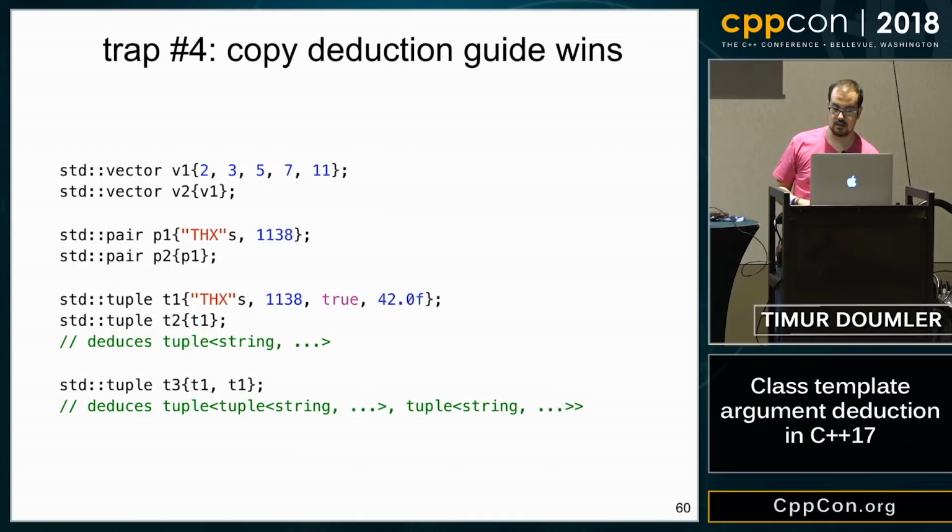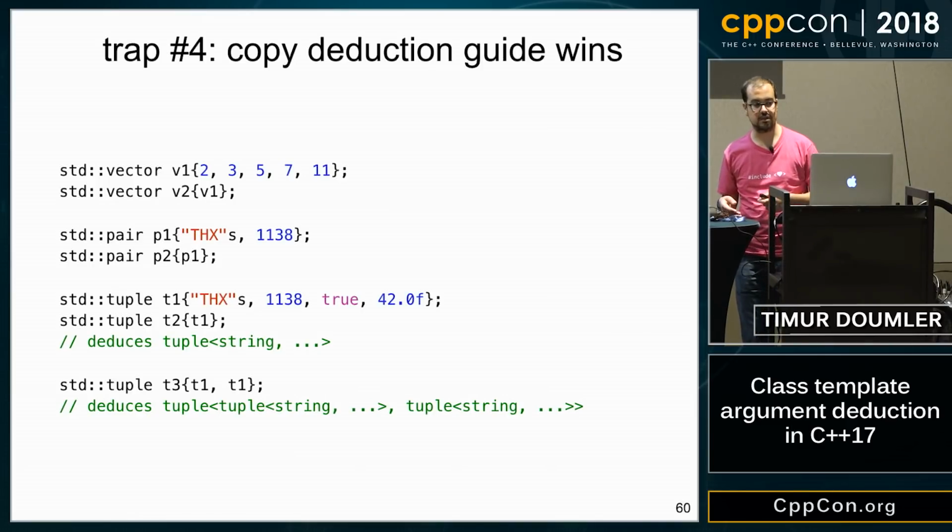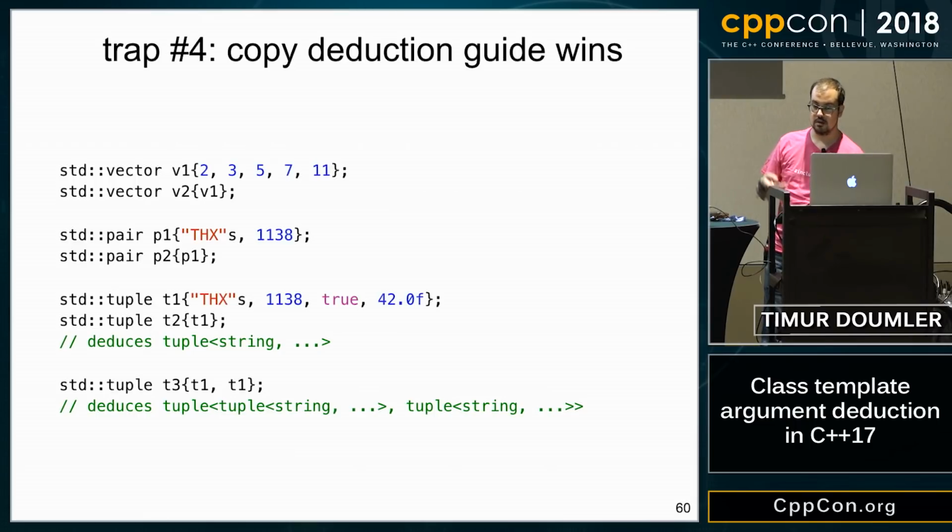So all of a sudden, depending on whether you have one argument or more than one argument, you have a very, very different kind of deduction going on here. This is a nasty problem, and it hits you even harder if you write generic code. For example, you have a variadic template, right? You have a parameter pack where you don't know if it's no arguments, one argument, or multiple arguments, and then you create, for example, a tuple in there using CTAD and forwarding this parameter pack.